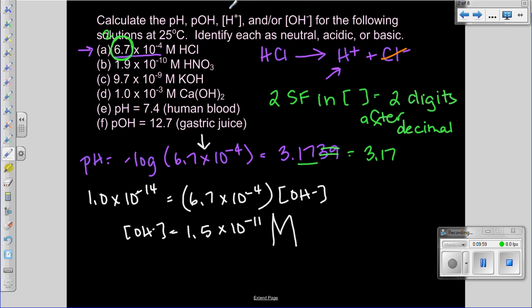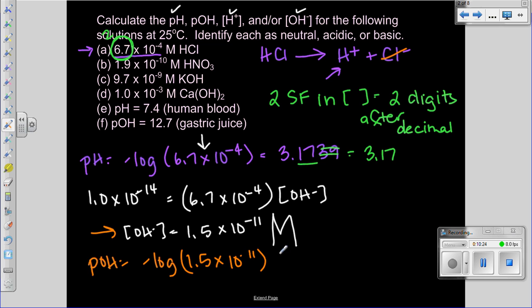Okay, so now we've got H plus, we've got hydroxide, and we've got pH as well. Now I want to do pOH. Because I calculated hydroxide ion concentration here, I can do pOH equals negative log of 1.5 times 10 to the negative 11th.